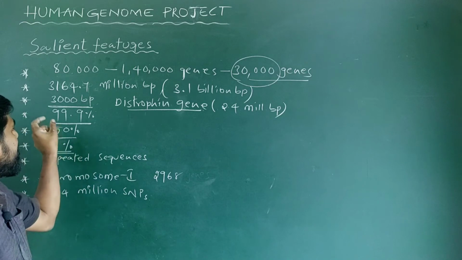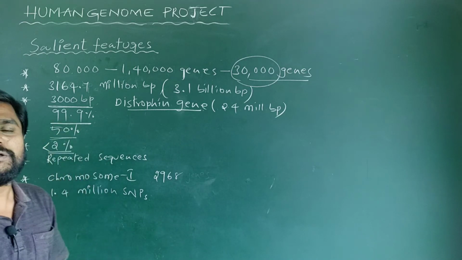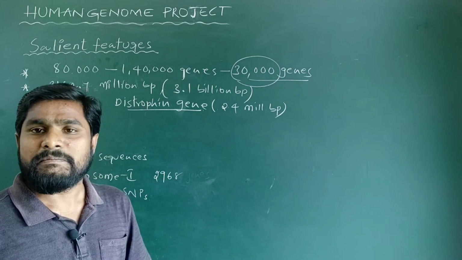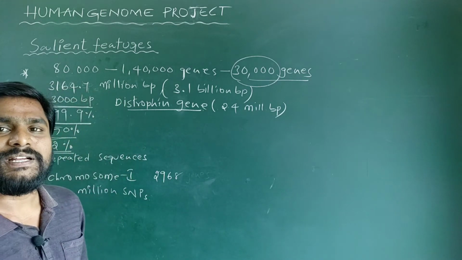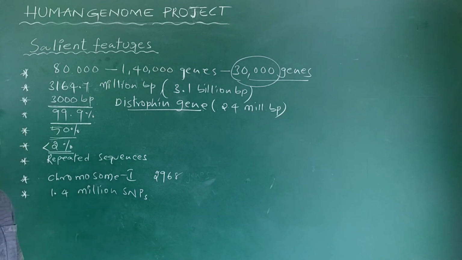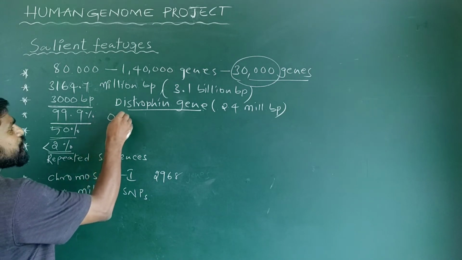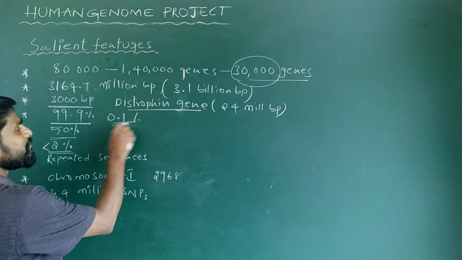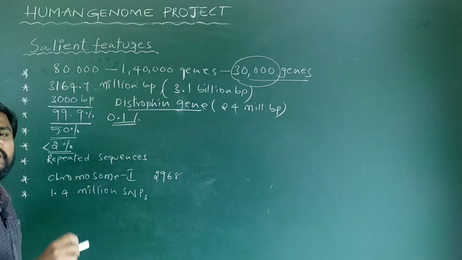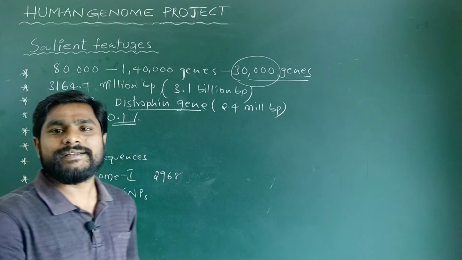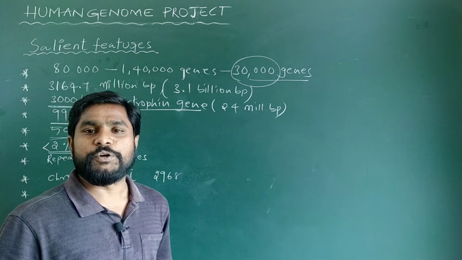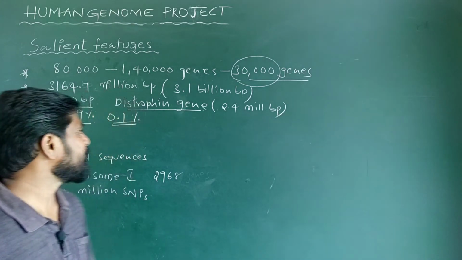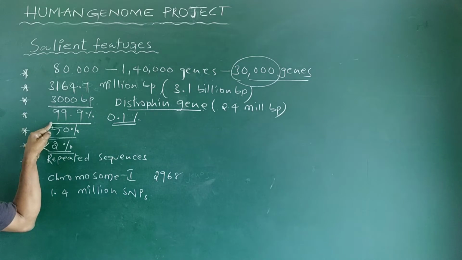Nothing but 99.9% of the genetic makeup in all the individuals of human population is similar, but each and every human being differs from another human being by just 0.1% different genetic makeup, which means every human being is distinct by their genetic makeup, though we all belong to the population of human beings. So we got great information regarding human beings.